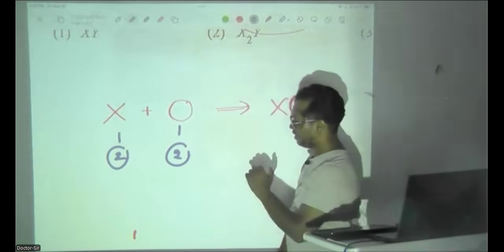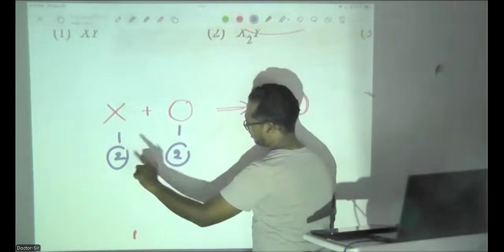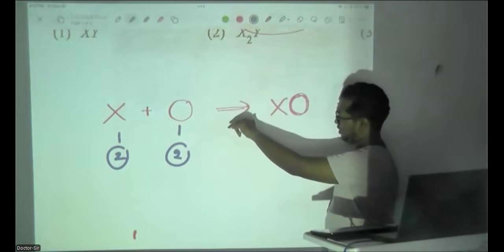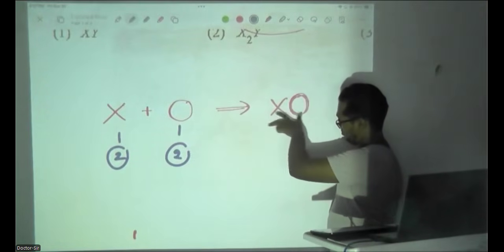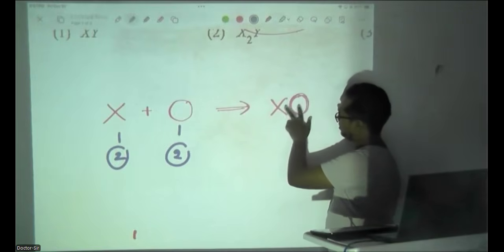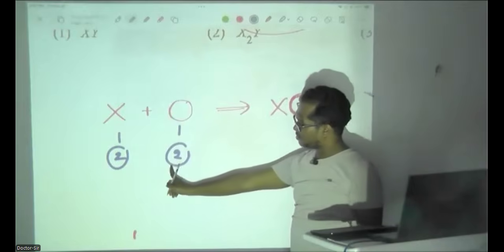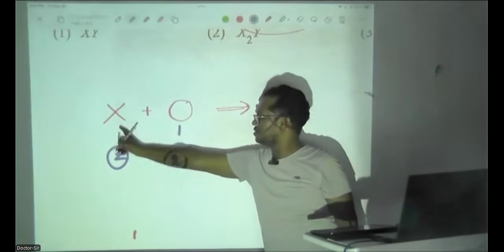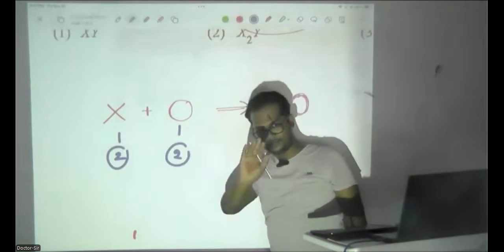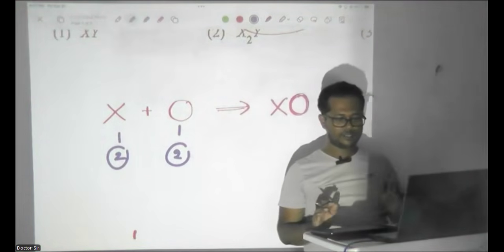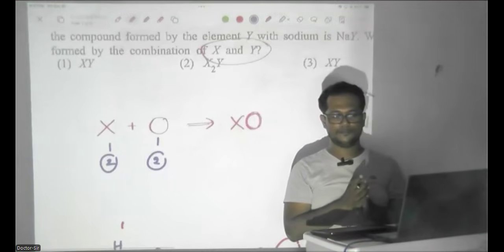Why? Because only then will it come out 1 by 1. So X and O create a formula like XO. We found the valency of oxygen is 2, so the valency of X should definitely be 2. I think you got the idea.